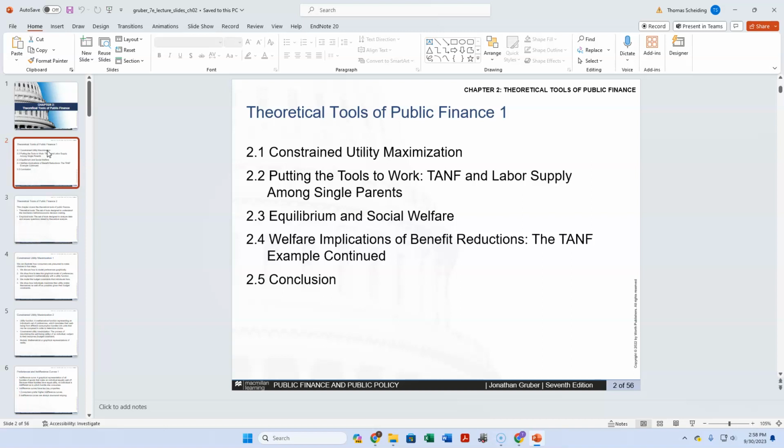And that's exactly what we see right here. Constrained utility maximization. When we say constrained utility maximization, we mean that there are some budgetary choices that force certain amounts of a good to be consumed, which then constrains my ability to maximize my utility.